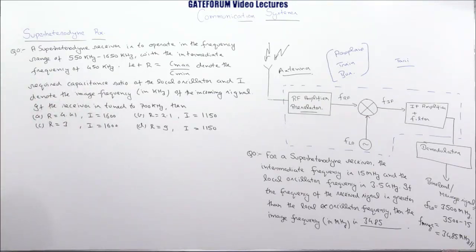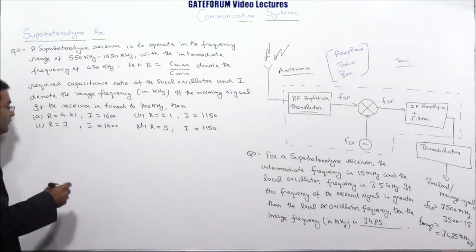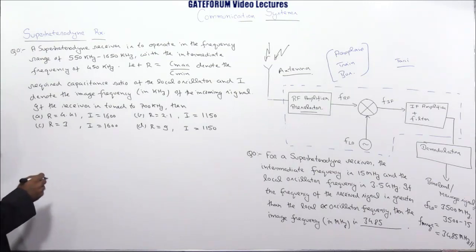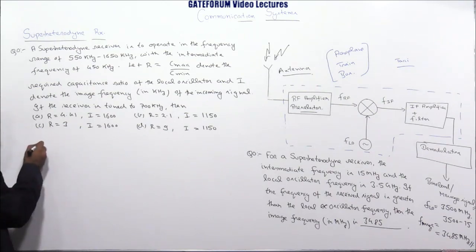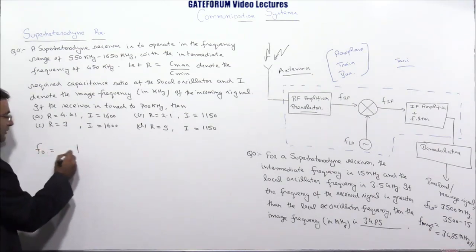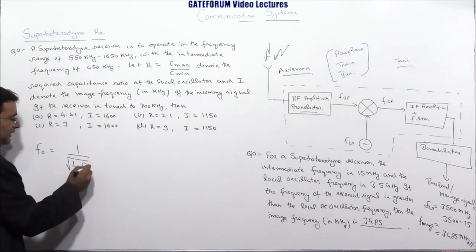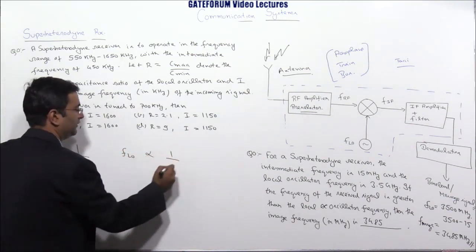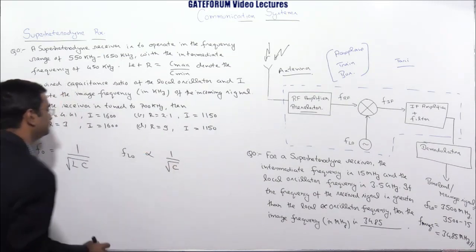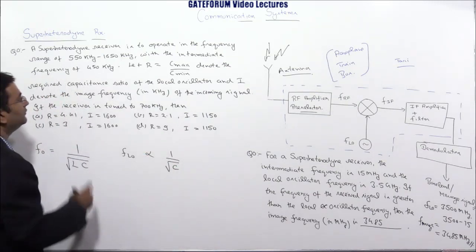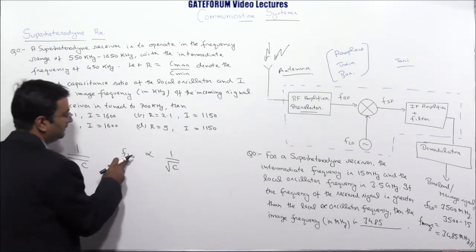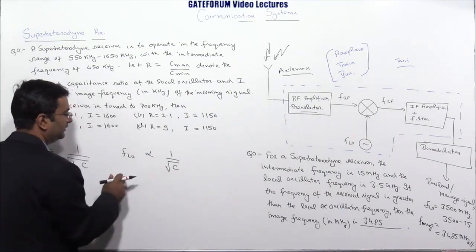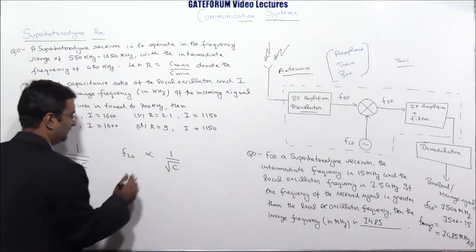Now what happens here is that capacitance comes into the LO frequency. FLO is an oscillator, and this oscillator has some inductive or capacitive circuit, and you know that the frequency F0 is nothing but 1 upon root LC. That means the local oscillator frequency FLO is proportional to 1 by root of C. So when FLO is minimum, C is maximum, and when FLO is maximum, C is minimum.